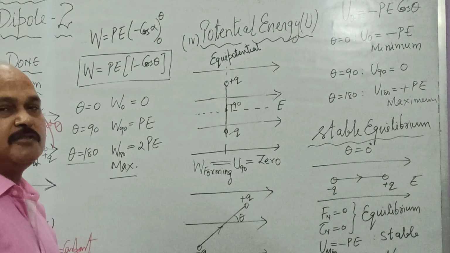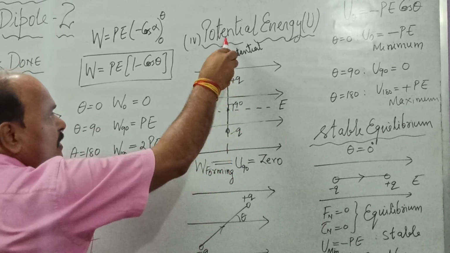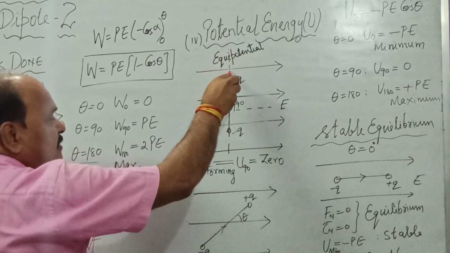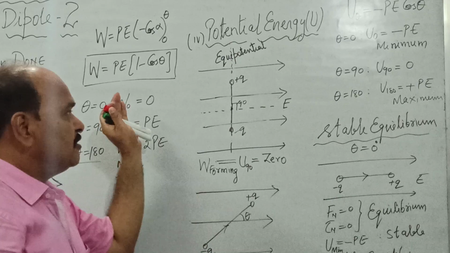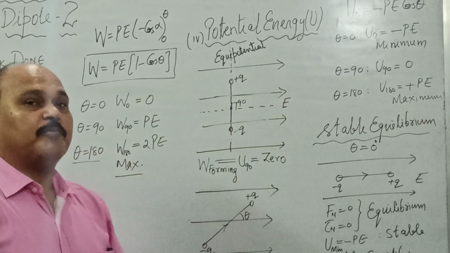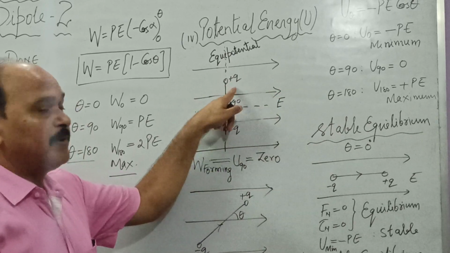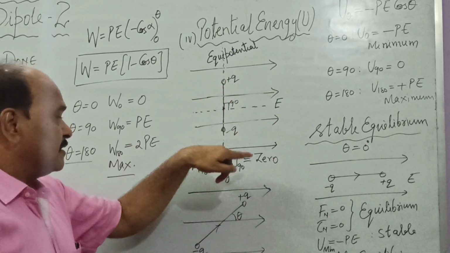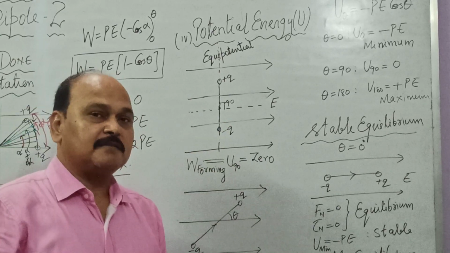Why is work done 0? When the dipole is placed like this, it lies over an equipotential surface. This surface, which is perpendicular to the uniform electric field, is an equipotential surface. So when we bring a positive charge, work done is say plus x, and when we bring the same amount of negative charge, work done is minus x.